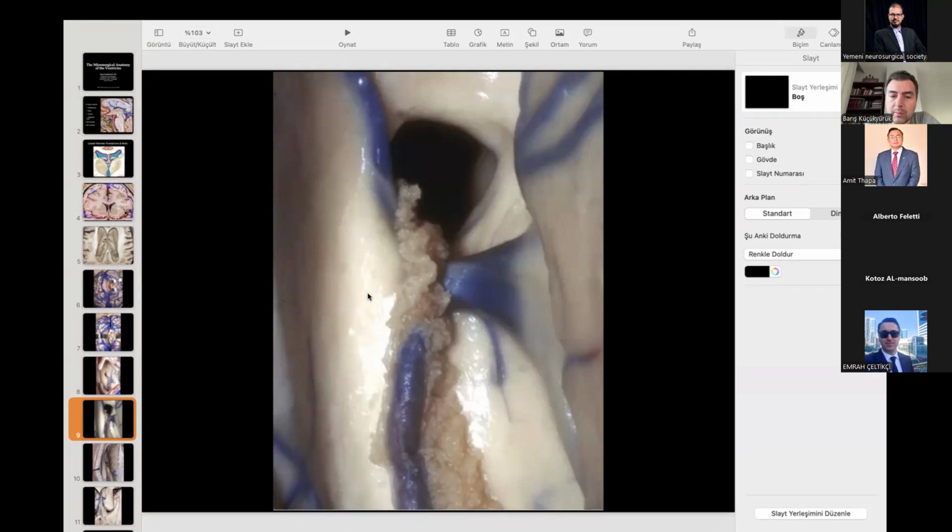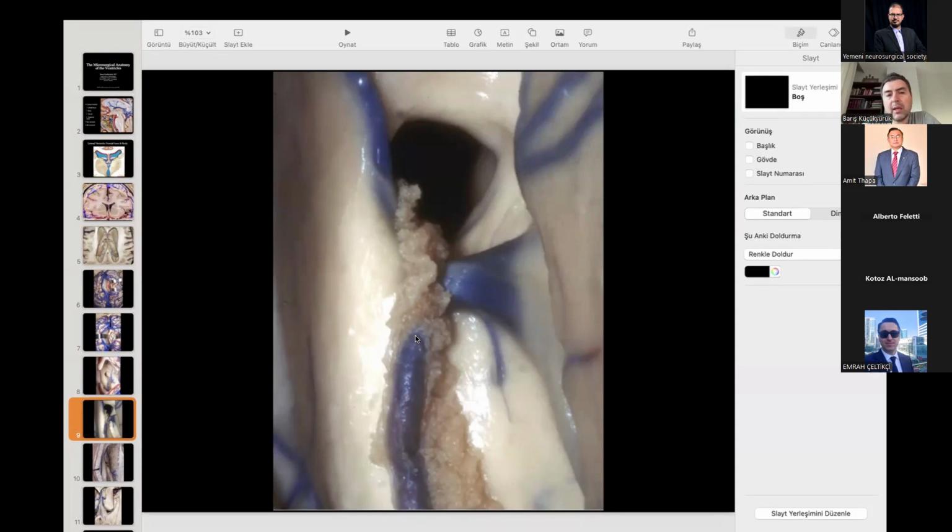As I said, there will be no vein here. Another less consistent landmark is that this choroidal vein always goes straight in a vertical axis, but with a little bit of an angle going laterally.